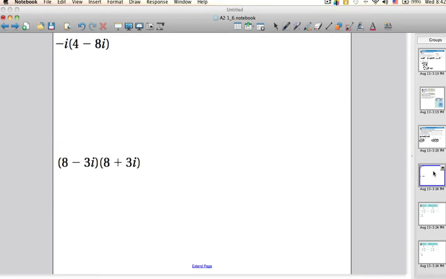Okay, now same deal if we were going to multiply. The distributive property still applies, but then we'll have some extra simplifying to do at the end. Let's see how that works. So I have minus i times 4 is minus 4i. And minus i times minus 8i is plus 8i squared. So again, it worked a lot like if I had a variable. You would have gotten negative 4x, and you would have gotten plus 8x squared.